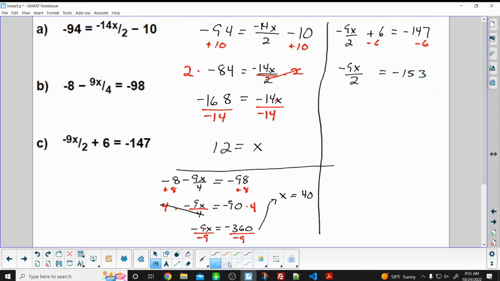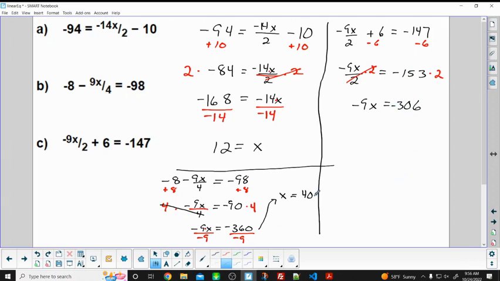All right. So let's get rid of this fraction. Going to multiply by 2 on both sides. And the reason why I multiplied by 2 is because I wanted to undo the division of 2 right there. That leaves me with negative 9x equal to negative 153 times 2. That's going to be 6, 0, carry the 1. That's going to be 306, negative 306.